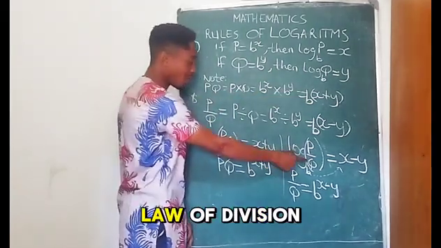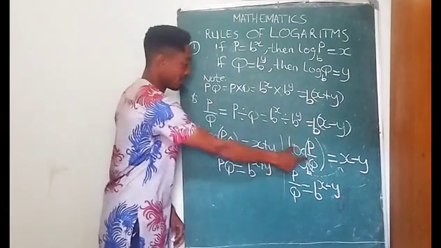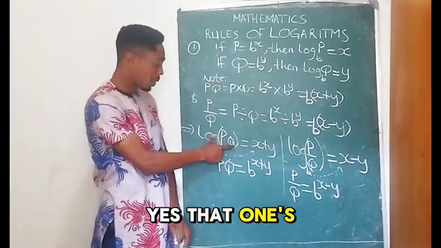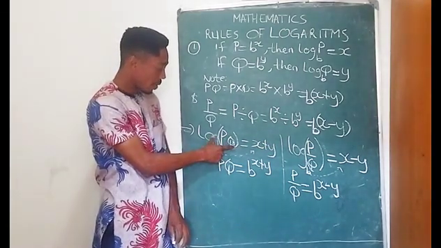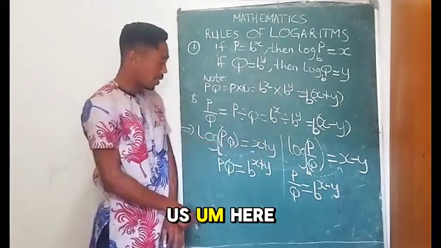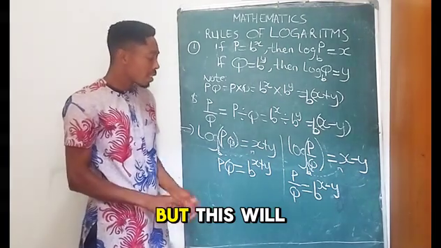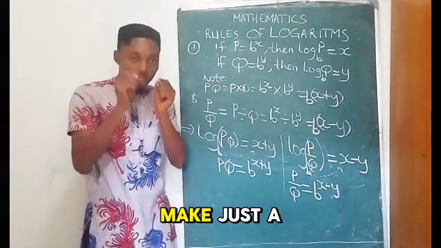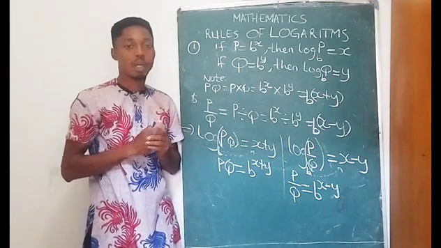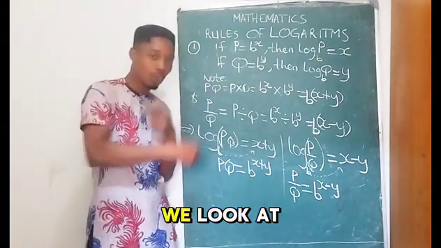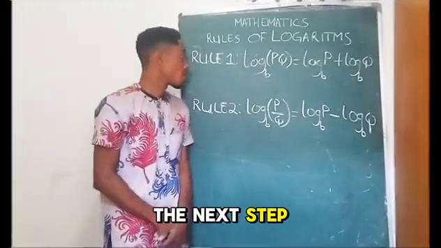I can call this the law of division. That multiplication will lead us here, and division will lead us there. But this will make just a bit more sense when we look at what we're going to look at right now. Stay tuned as we look at the next step.